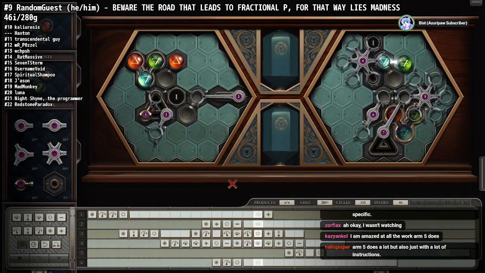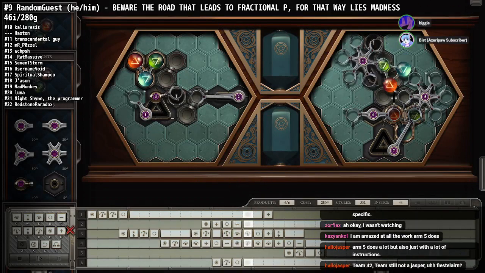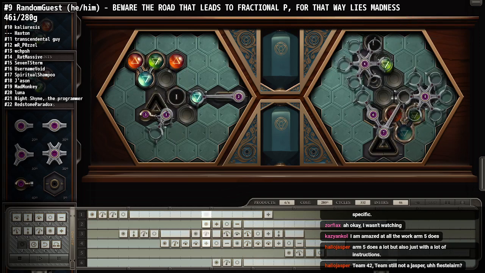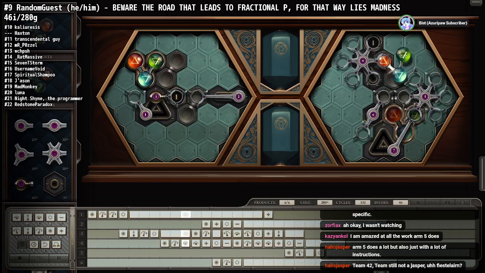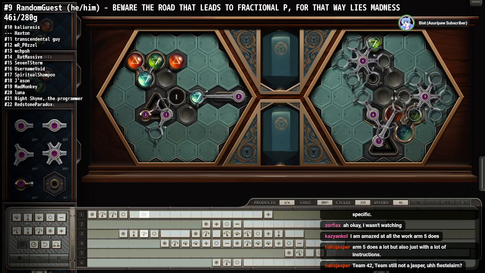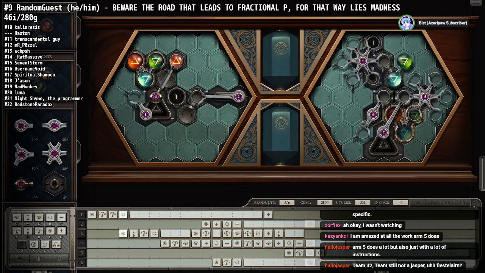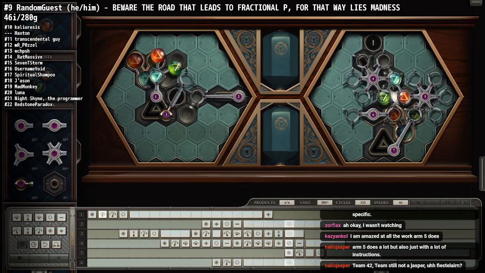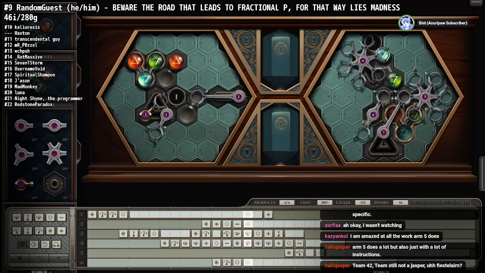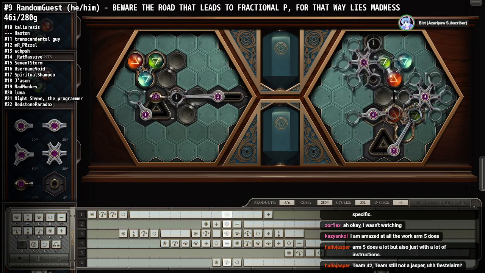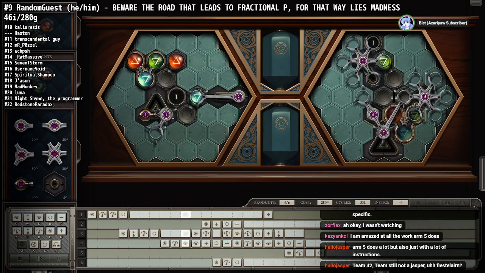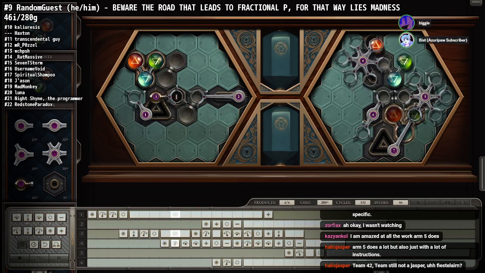Who else is left, actually? Let me see. We have Bambi, random guest here. How do I say this without revealing anything about the placements? Alphabetical order. There's Bambi. There's Cuckoo 52. There's Evanov. There's Fiestillern. Now all the ones that start with a T because they're called Team. Team 42, and Team Still Not a Jasper. No, Team Sidron is first. Team Still Not a True Jasper.